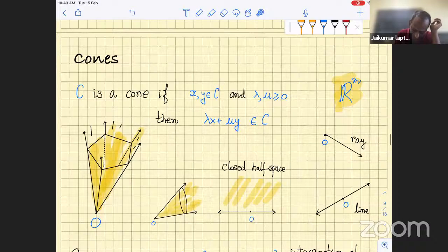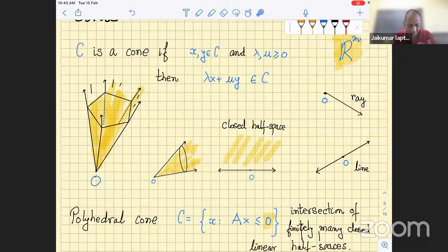Anyway, I have been using the word cone, but what does cone mean? A cone is a set with this property that whenever two vectors are in the cone, then their non-negative linear combination is also in the cone. So take two vectors, take their non-negative linear combination, that will also be in the cone. But you should, in your mind, imagine it to be an object like this.